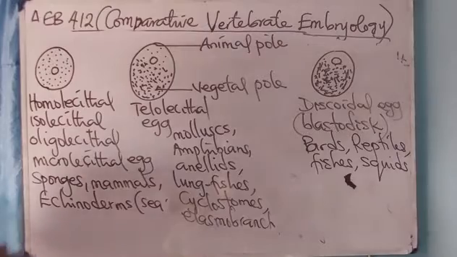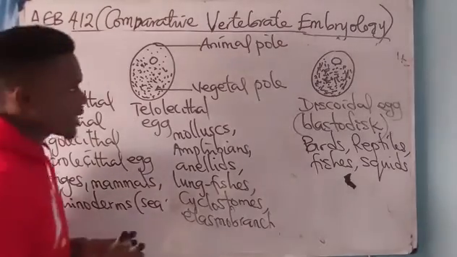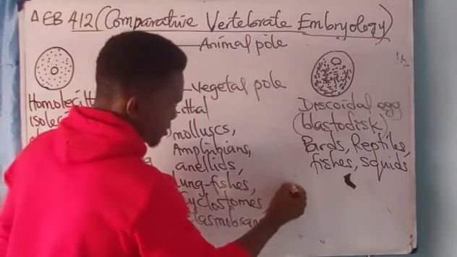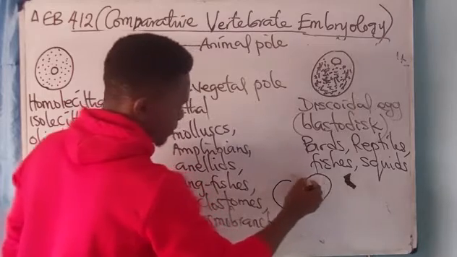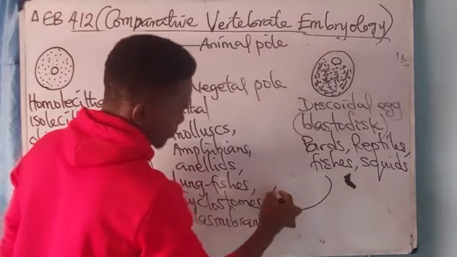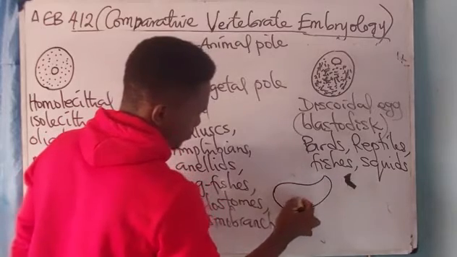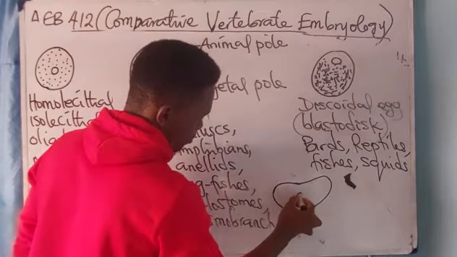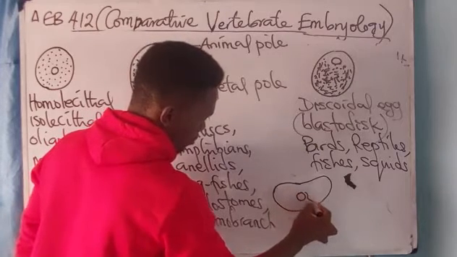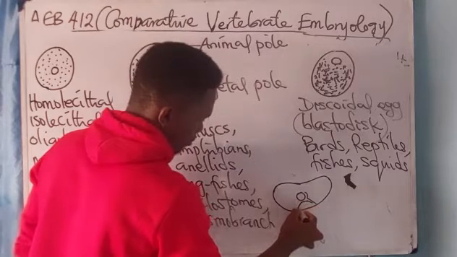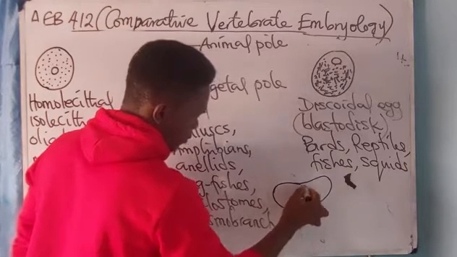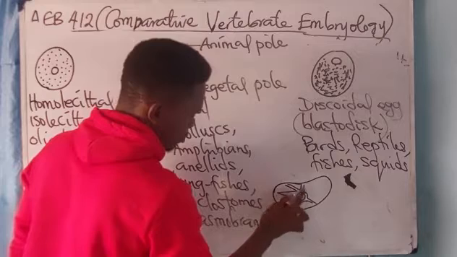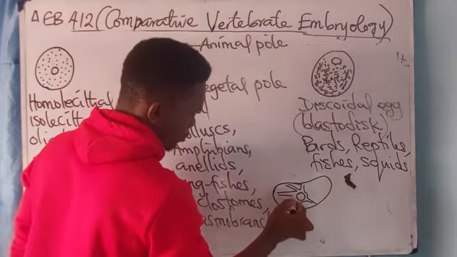Okay, we have another type of egg called centrolecital egg. Centrolecital egg. Let me see if it enters this place now. So there's a reason I love drawing, because this course is all about diagrams. So it's good we learn how to draw.